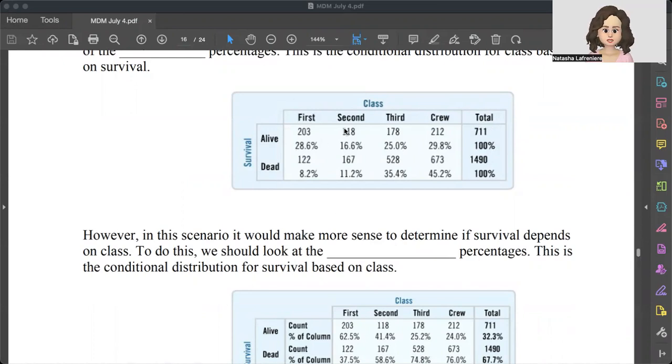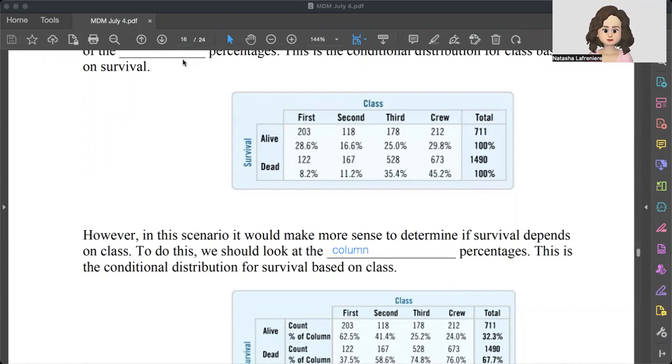The first is looking at your rows, whereas our second one looks at our column percentages. Looking at how percentages change across the rows, it surely seems that class influenced whether a person survived or not.